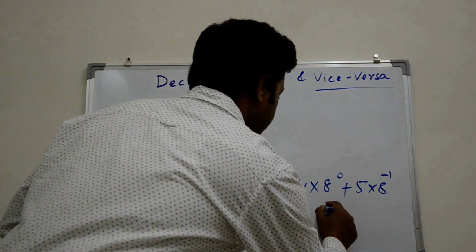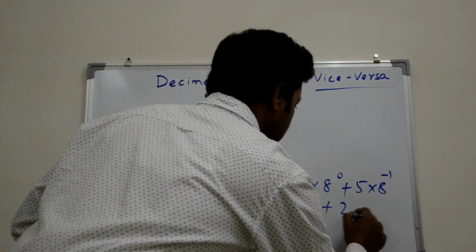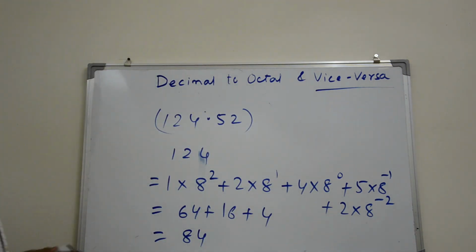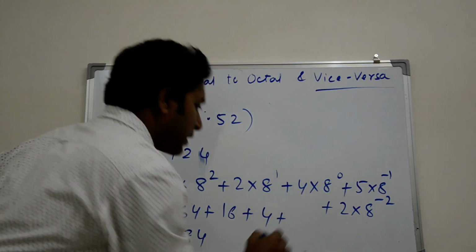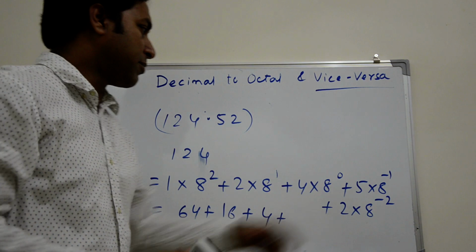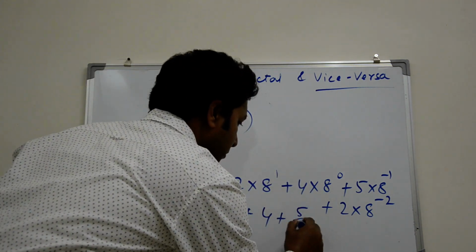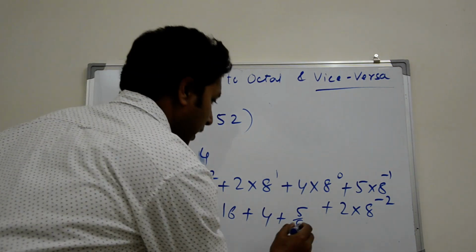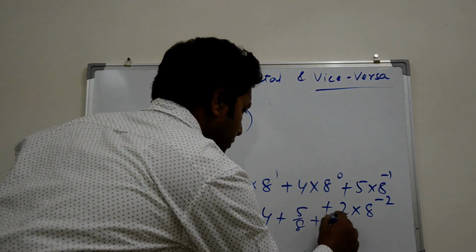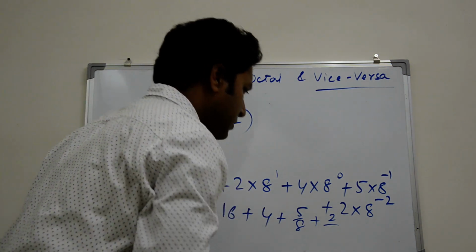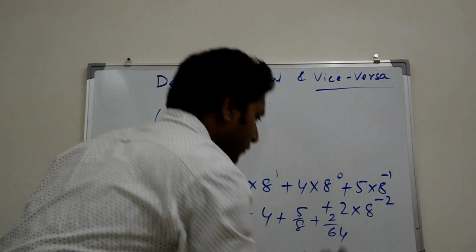Then plus 2 into 8 to the power minus 2. Now 8 to the power minus 1 means 1 by 8, so it comes 5 by 8. And this one comes 2 divided by 8 to the power 2, that means 64.